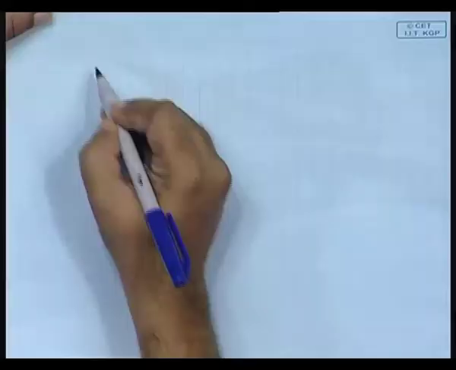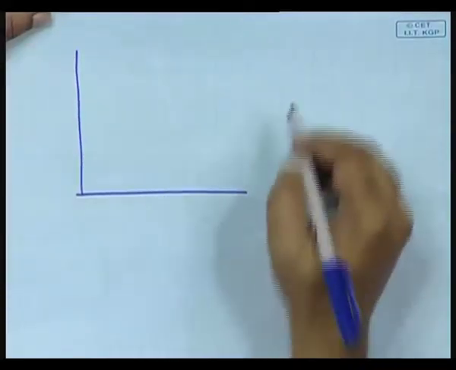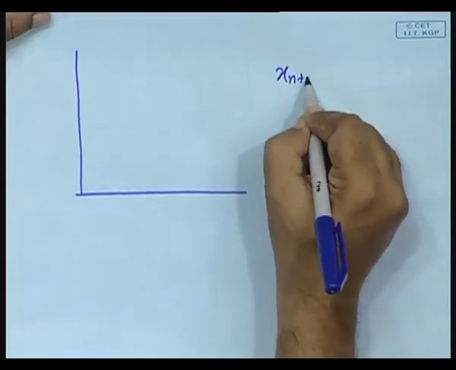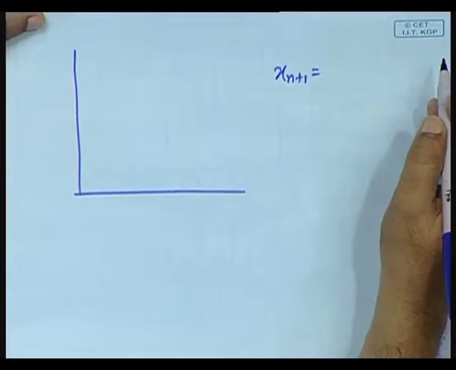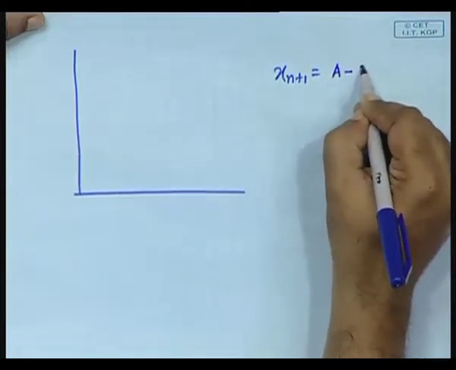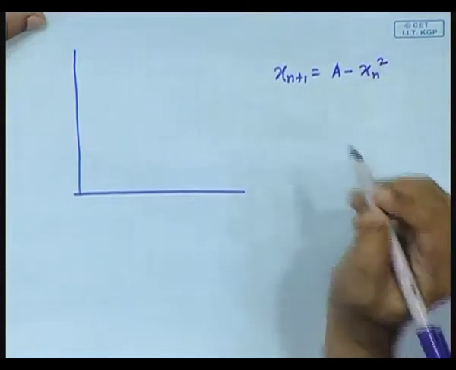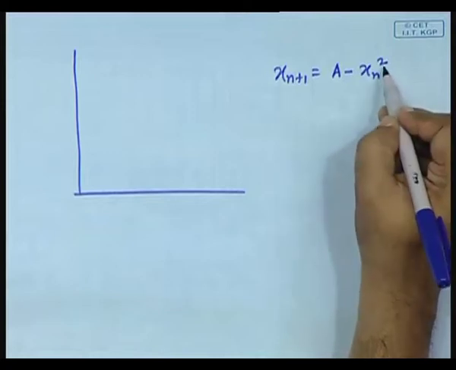Suppose we take a map x n plus 1 is equal to a minus x n square, a very simple nonlinearity, just a square.